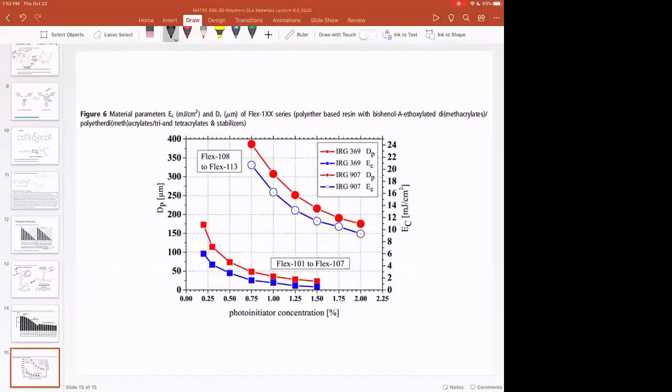And so one important aspect, and that's described in this same paper, if you follow it through, is to develop this idea of a working curve, which relates the depth of penetration, or how thick of a layer you can cure, versus photoinitiator concentration.